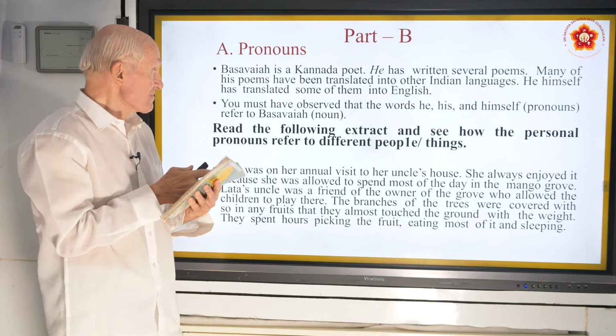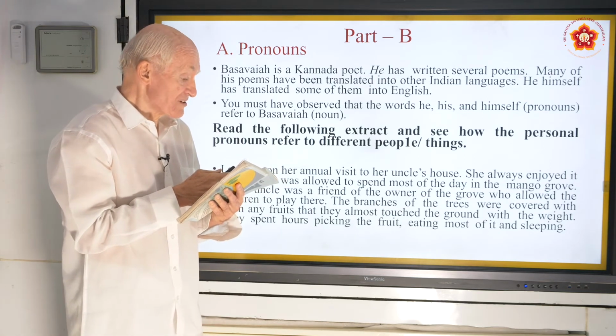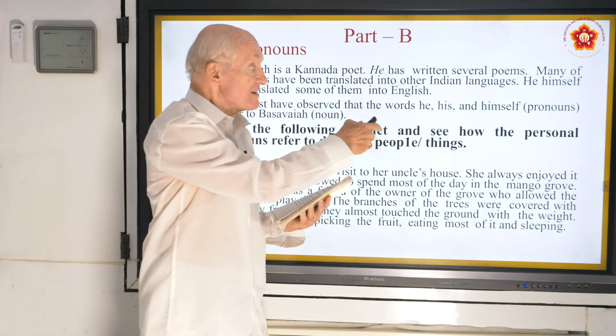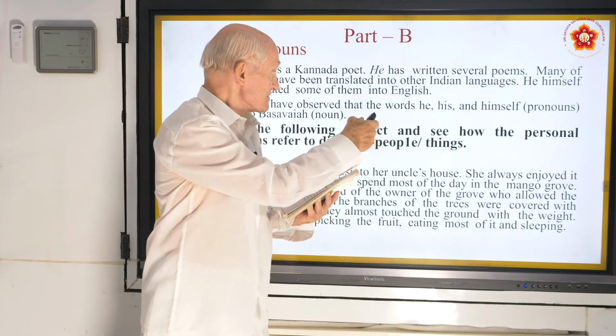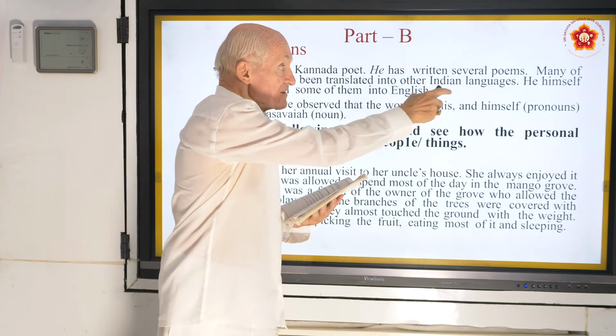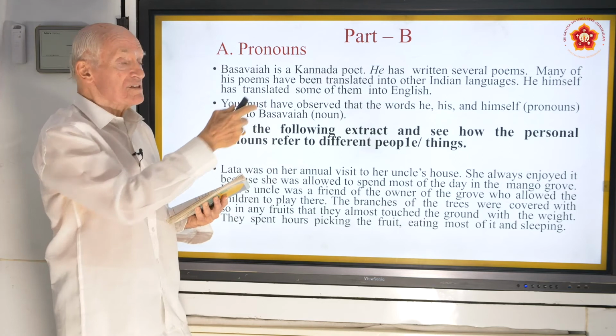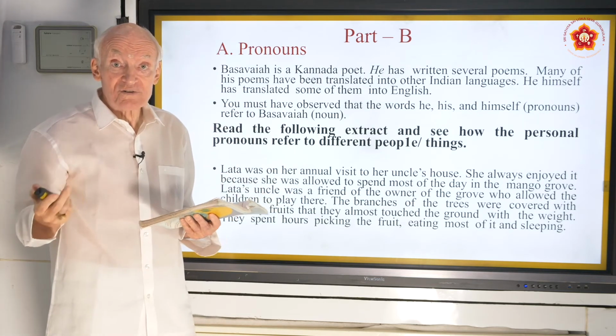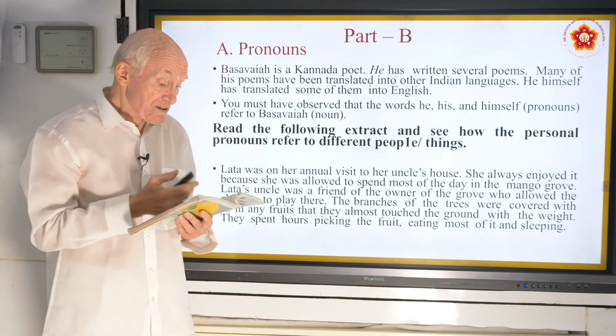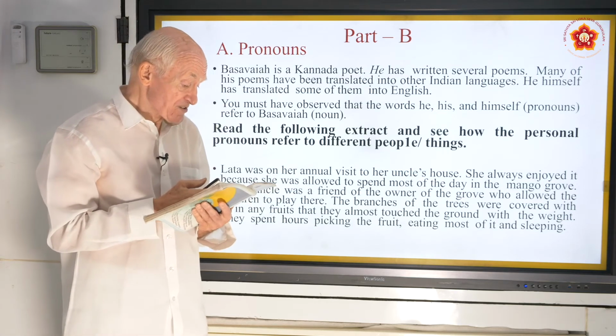He himself has translated some of them into English. So he himself over here has translated some of these into English. Himself refers to Basavaya. We know who he's talking about. So that's another pronoun that we can use.